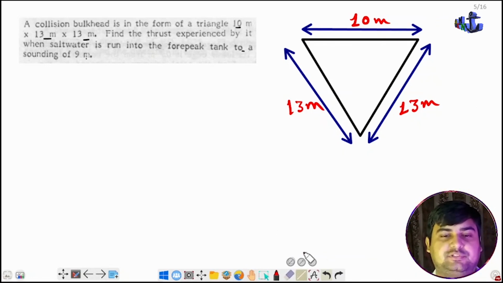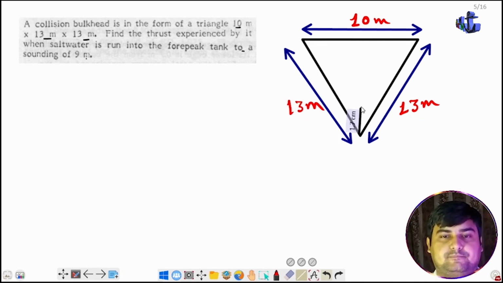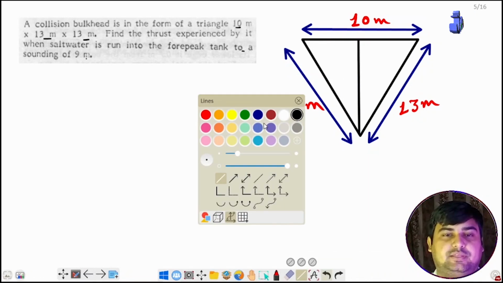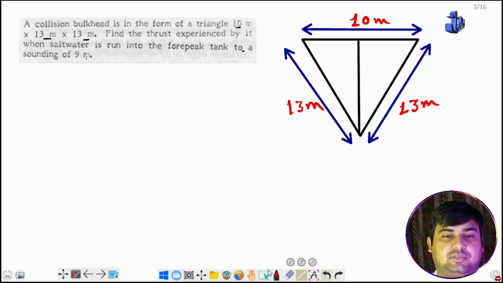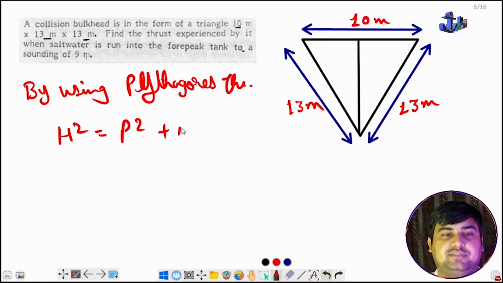First we'll separate it into two parts, because we need to use the similar triangle concept in this. Then we need to first verify the height by using the Pythagoras theorem. So we need to verify this perpendicular. By using Pythagoras theorem, we know hypotenuse square is equal to perpendicular square plus base square.